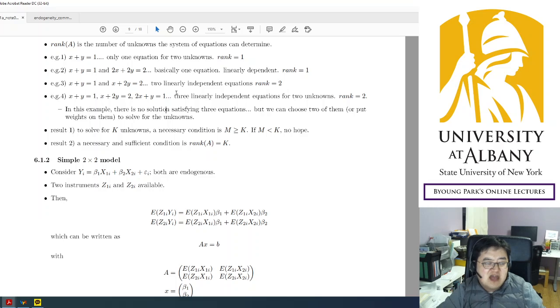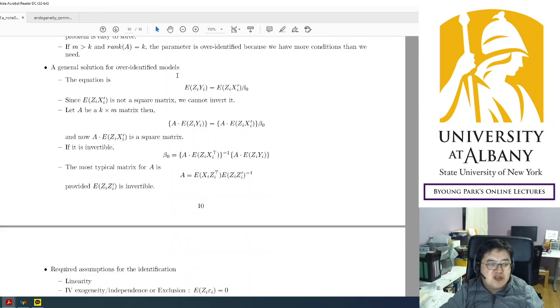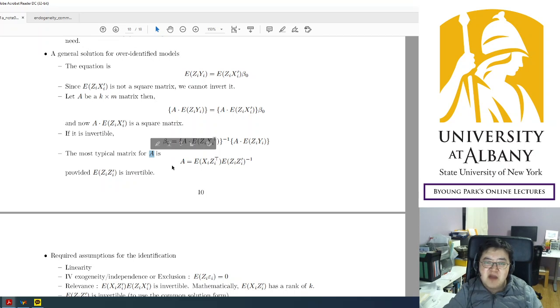How to choose and how to combine them to make two equations is the matrix A. So the A matrix takes care of reducing the three equations into two equations. I'm not going to explain the details about A right now. It is more of an estimation problem. In identification, you may use whatever matrix satisfies this invertibility condition, but in the estimation it matters.